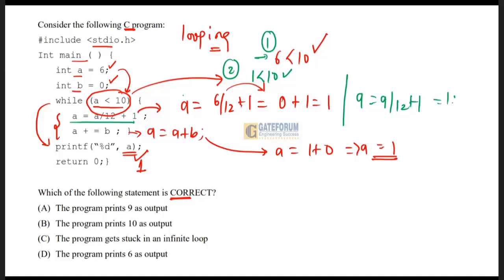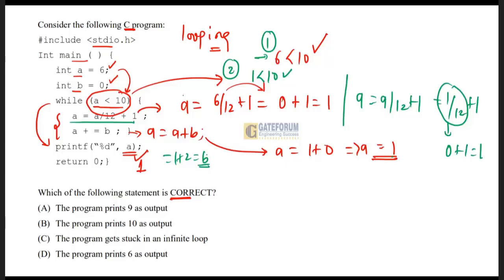That is 1 divided by 12 plus 1. 1 divided by 12 gives 0 as an integer, and 0 plus 1 is 1, again 1. Then a is updated again, a equal to a plus b.